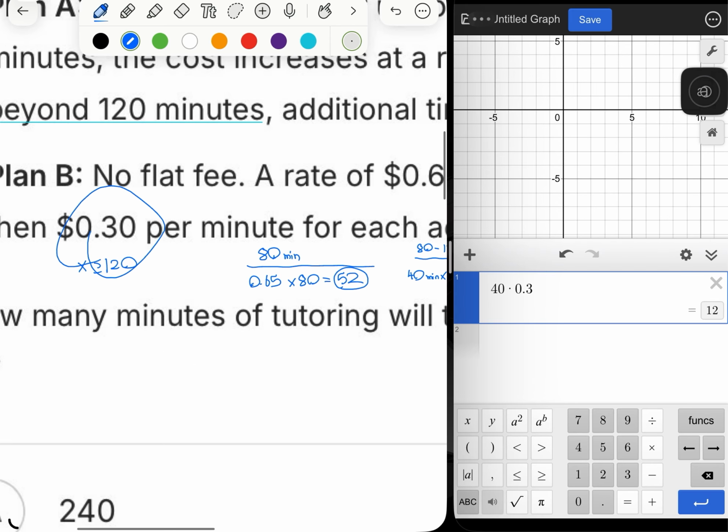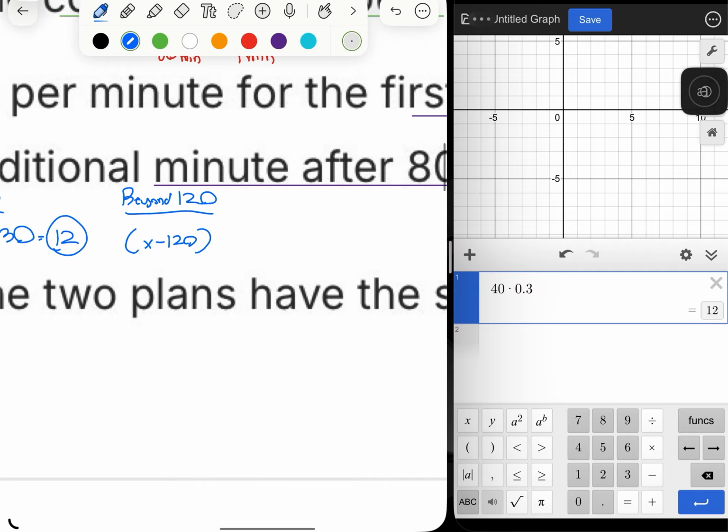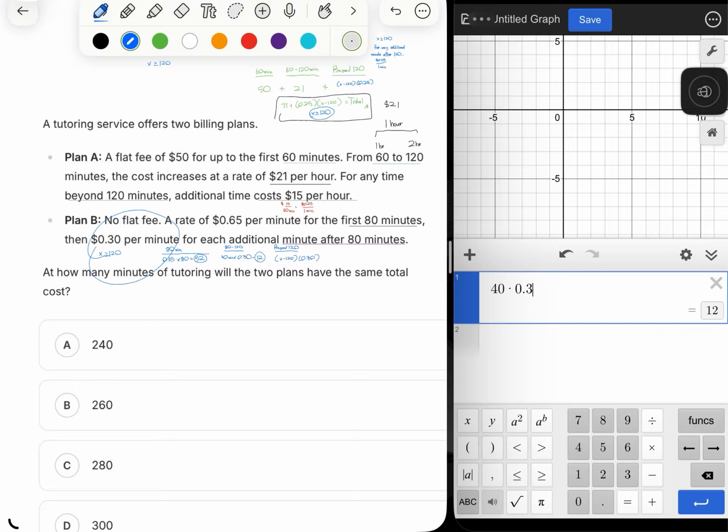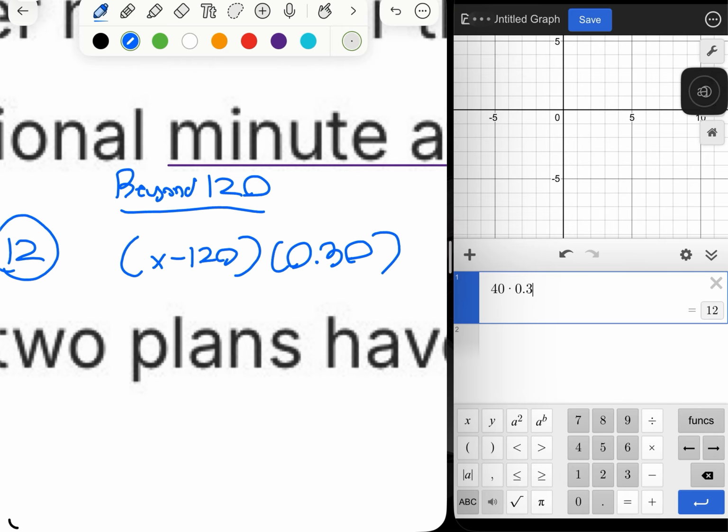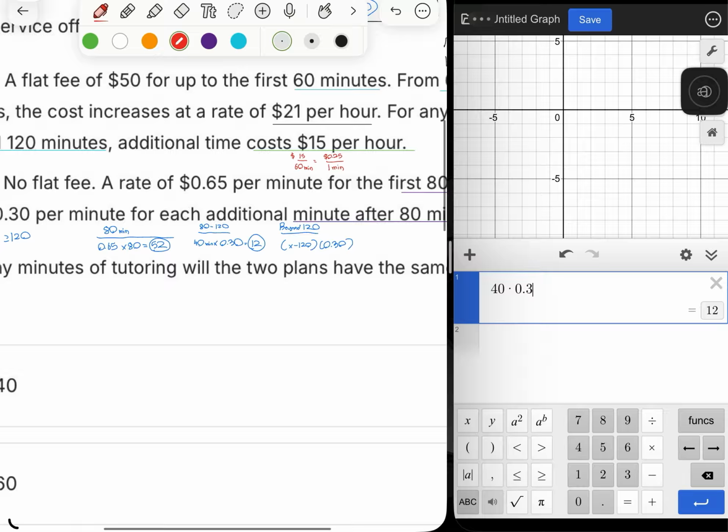That's still 0.30, because you're still adding $0.30 for every minute after 80 minutes. So once again, if x was 121, that means it would be 1 minute after 120. If x was 122, that would be 2 minutes after 120, and so forth.